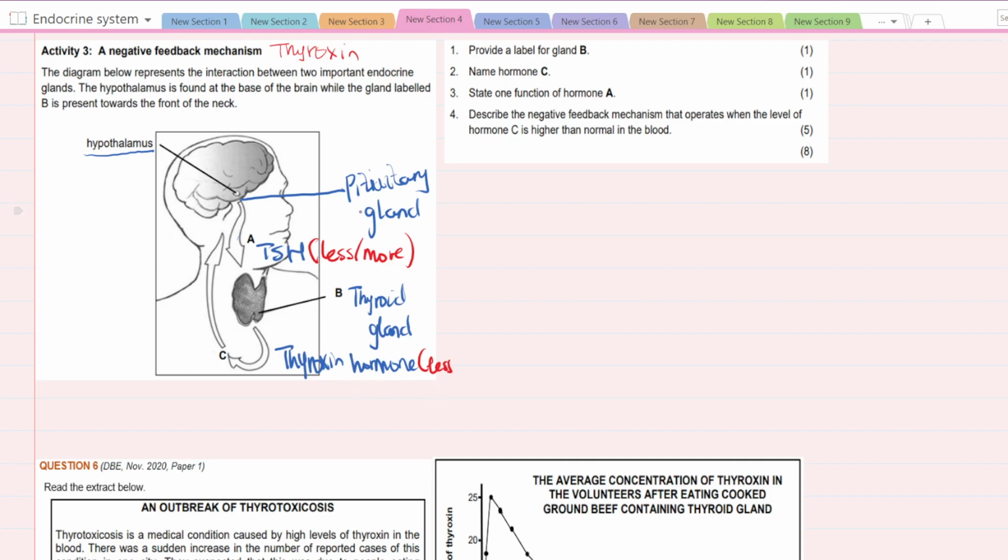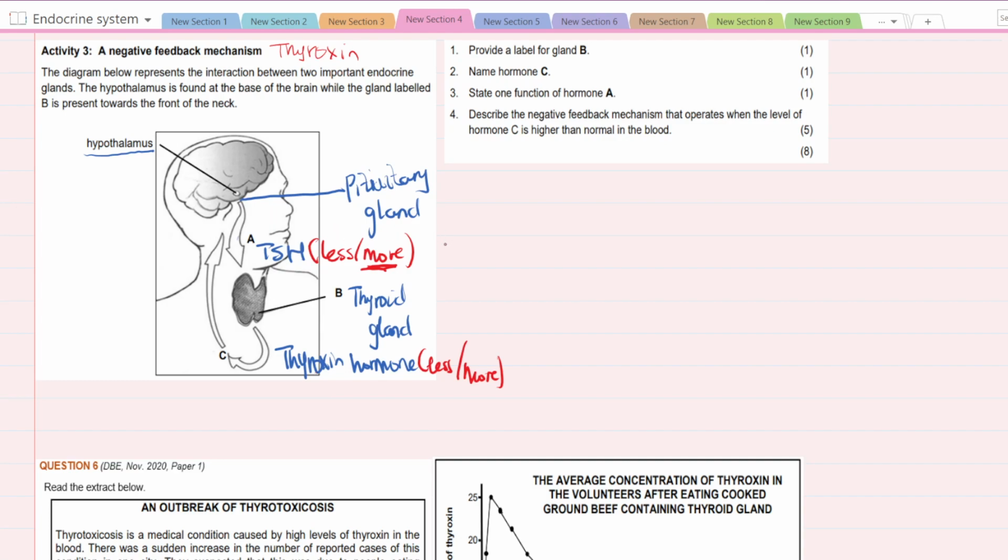And when the pituitary gland realizes that there is now less thyroxine hormone, it will secrete more TSH, then the TSH will stimulate the thyroid gland to release more thyroxine hormone, and your thyroxine will therefore increase.